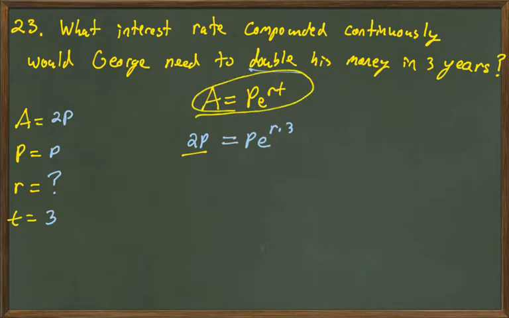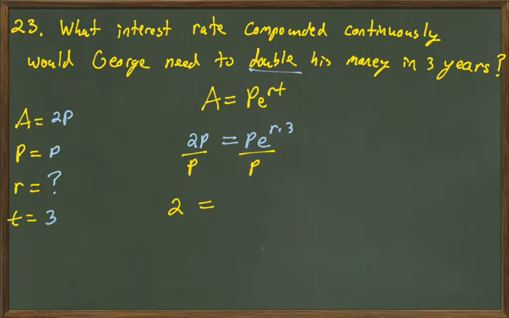You're going to divide by the principal, and then you're going to take the natural log of both sides. So it is an exponential equation because we're solving for the variable r, which is in the exponent. So we would like to isolate e to the 3r and then take the natural log. So we'll divide by P, and you see that the principal divides out, so it didn't matter how much was invested.